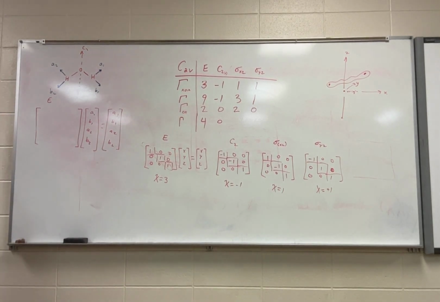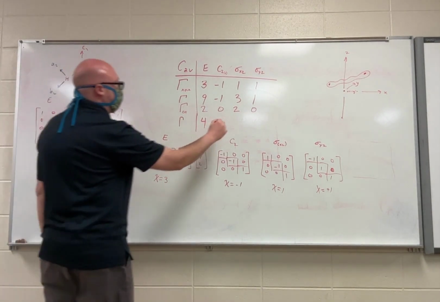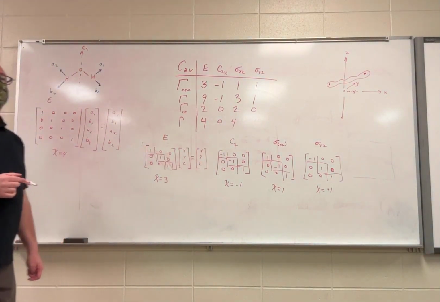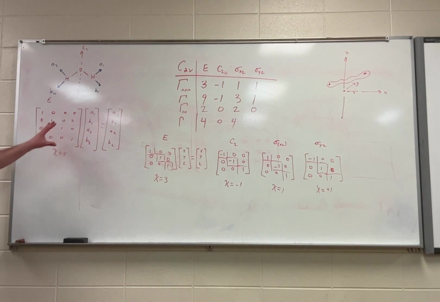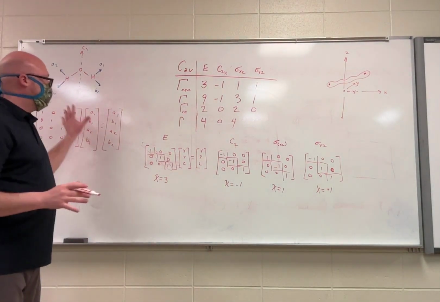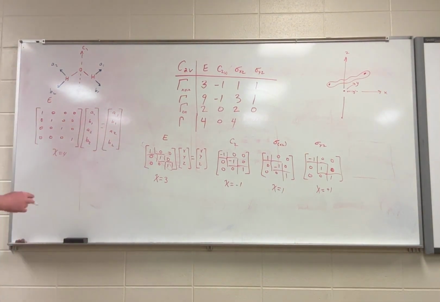So your transformation matrix basically looks like that of the identity operation, and the character is 4. Okay? And if you see something that's not making sense, tell me to stop, and I'll stop, and I can just go through that again.